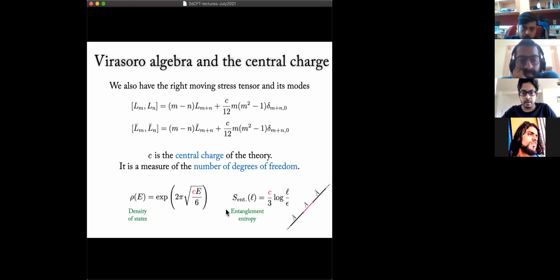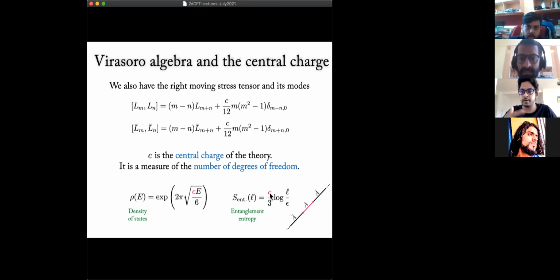Similarly, there were lectures on entanglement entropy, and one can find what the entanglement entropy of the ground state is in a conformal field theory. And it again takes a universal form. If you have an infinite line, and you look at the entanglement entropy of a subsystem of a finite region of length L, it takes this form as log L. And the central charge appears again over here.